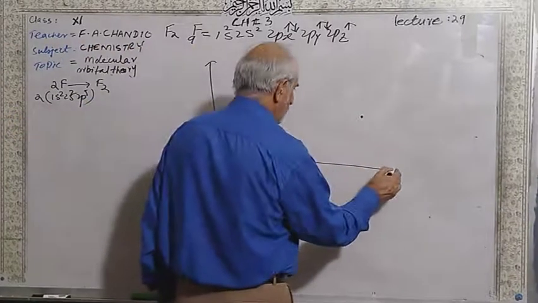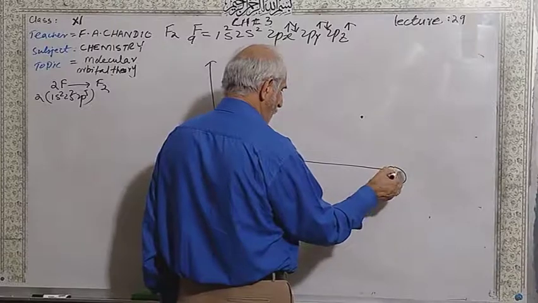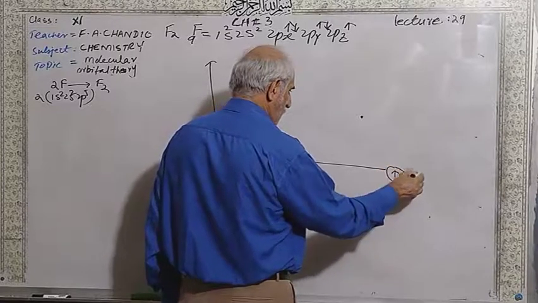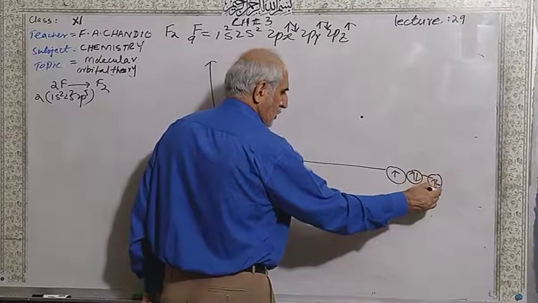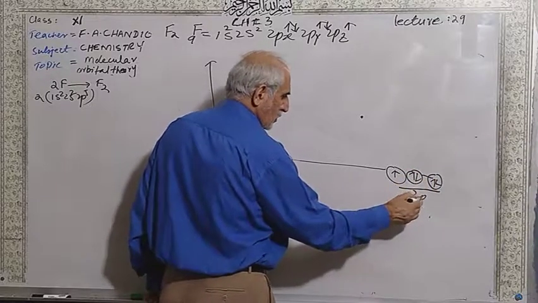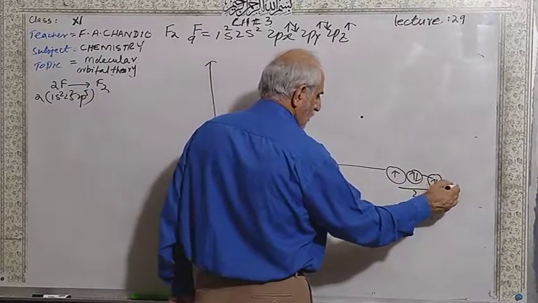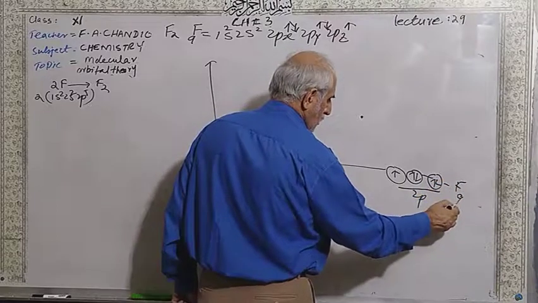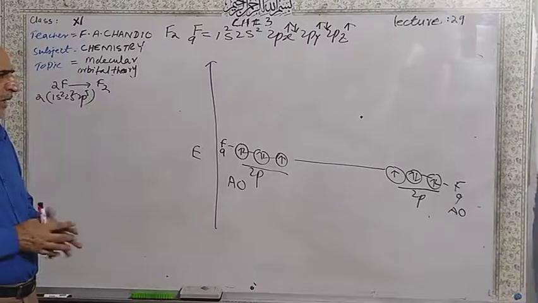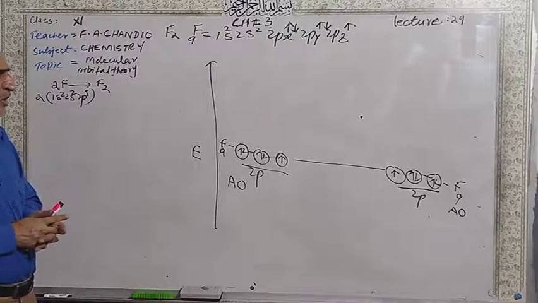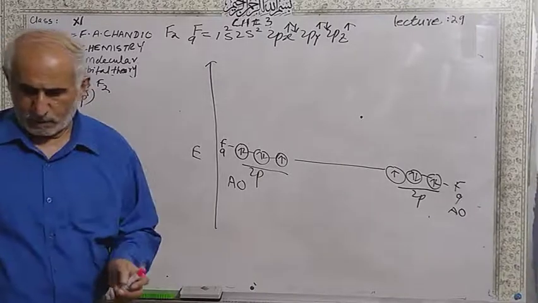The same. This is fluorine, which has atomic number 9. So 10 electrons you have to accommodate.